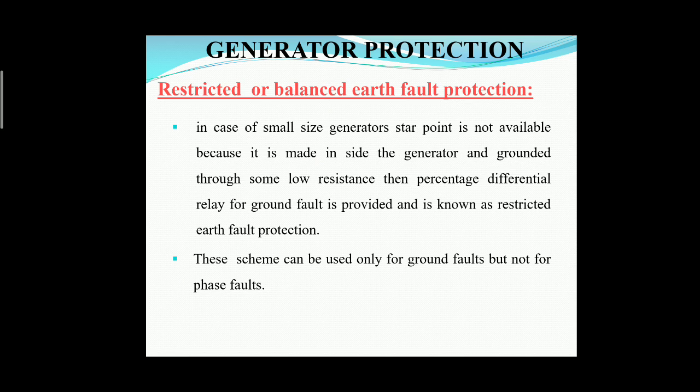Okay, in the case of a restricted or balanced earth fault condition, there is also a drawback. If the fault occurs near the neutral terminal, or when the neutral is grounded through a resistance or distribution transformer, then the magnitude of the fault current flowing through the secondary of the current transformer becomes small.